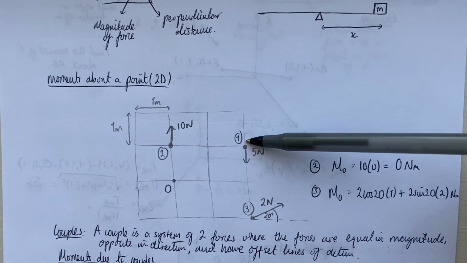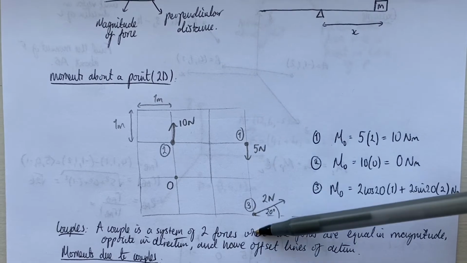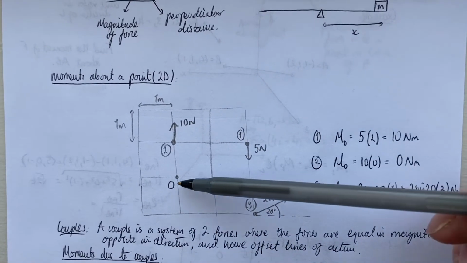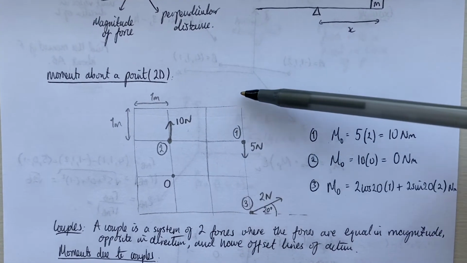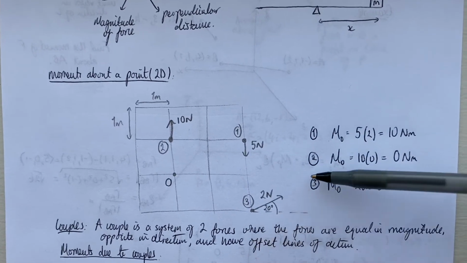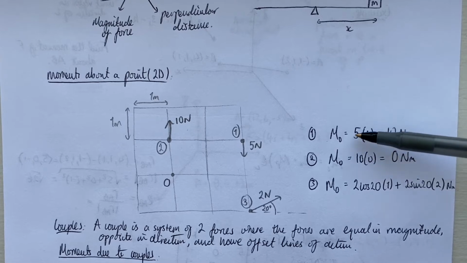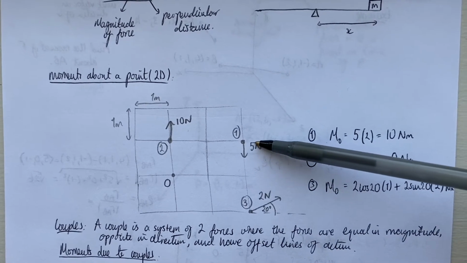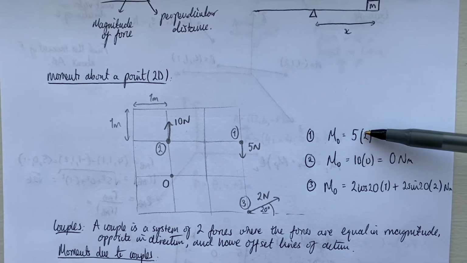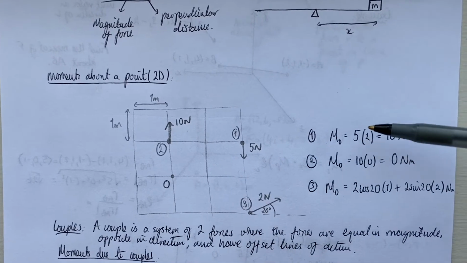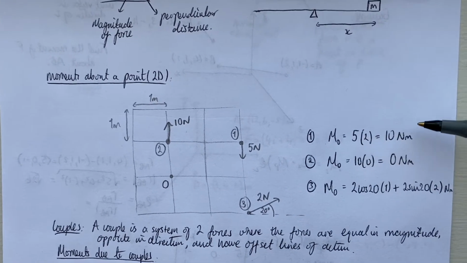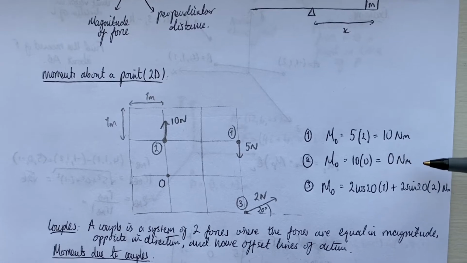We have the line of action along here. That's at a perpendicular distance of 2 meters, right? So that gives us a moment about the origin of 5, the magnitude of the force, multiplied by 2, the perpendicular distance. So 5 newtons times 2 meters gives us 10 newton meters.